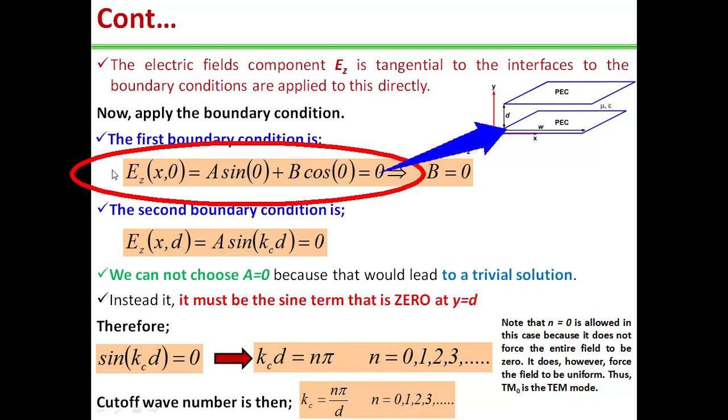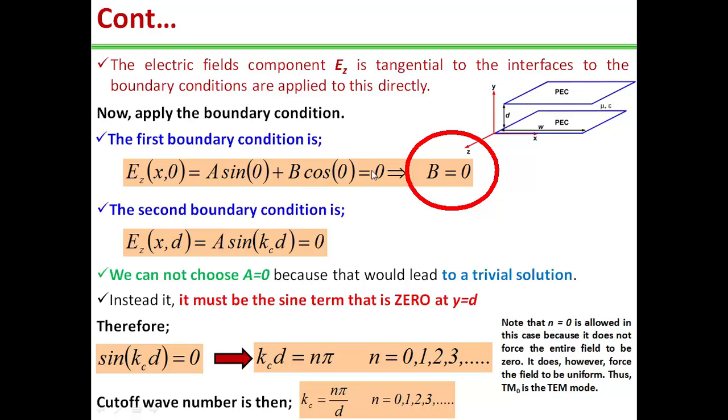We can write Ez at y equal to 0 is A sin 0 plus B cos 0, and this is equal to 0 because at the interface of the bottom plate the electric field is 0. After solving this, we have B equal to 0. That means the constant B is 0 after applying the first boundary condition.